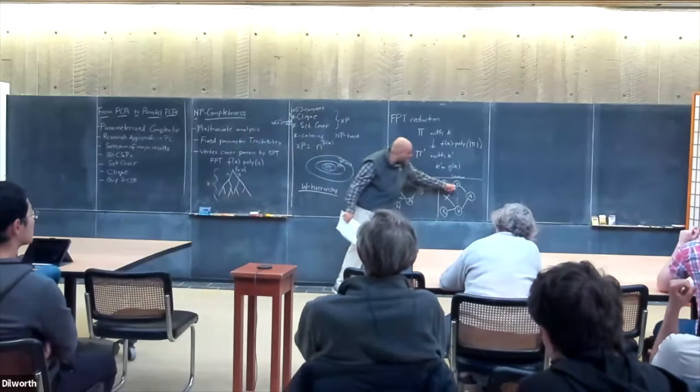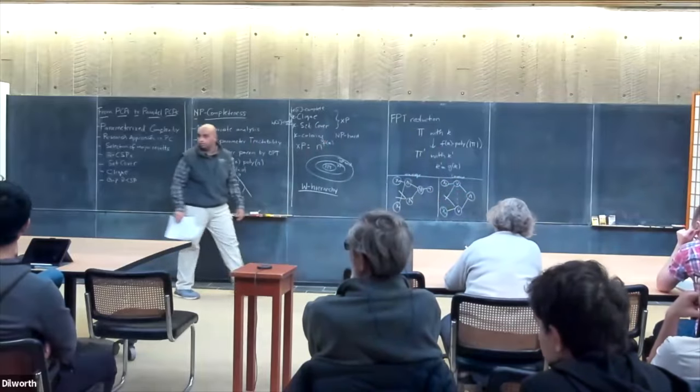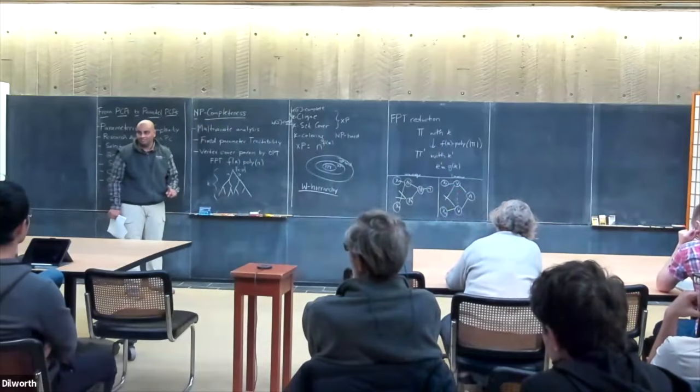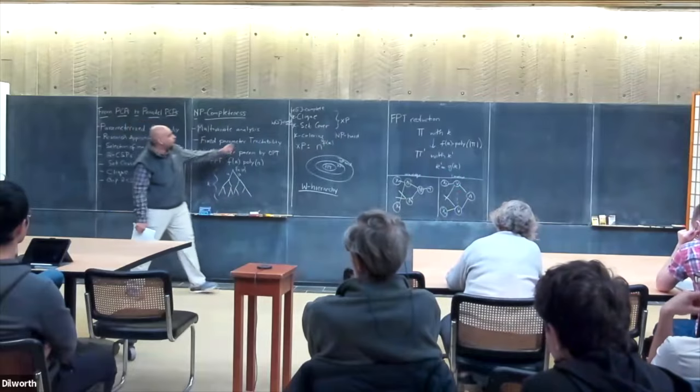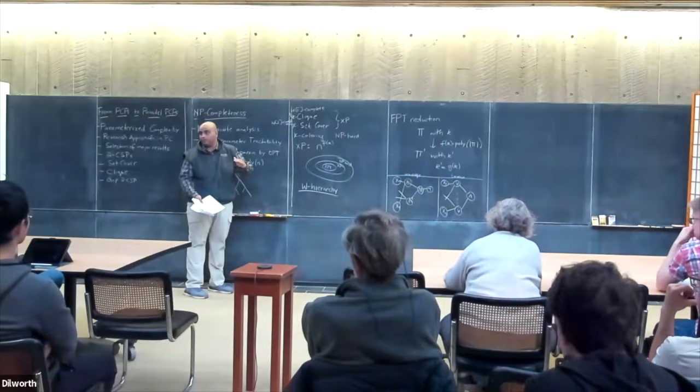So this can be large and this can be large. Oh, but you can always split a large gate into a lot of smaller gates. Good. So W[t], in general, is a constant depth circuit.